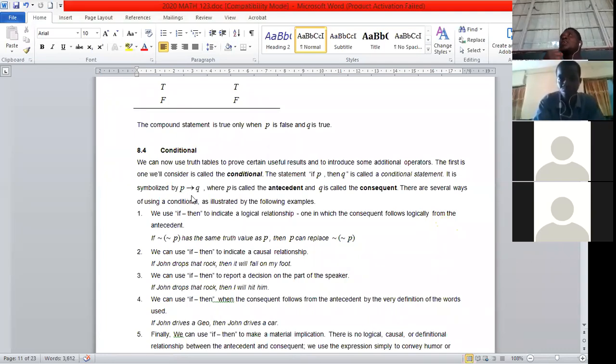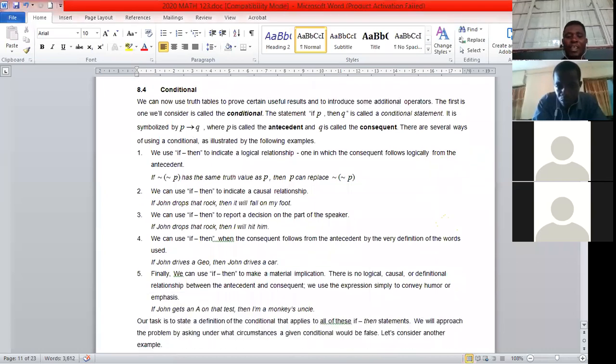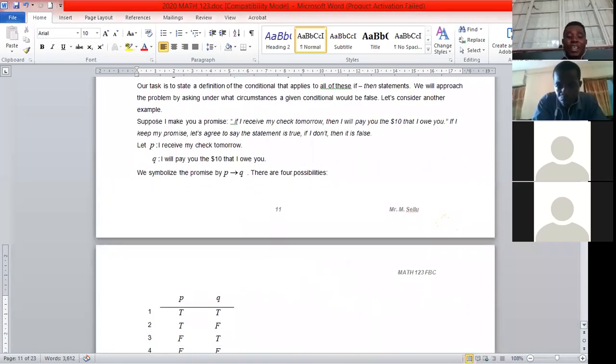A conditional is an additional operator in logic that we use to connect two statements, just like you have the disjunction, the conjunction, and the negation. So conditional is also an operator, and that's the symbol for the operator. And conditional is read as an if-then statement. So that is what I have today in my lesson, the if-then statement.